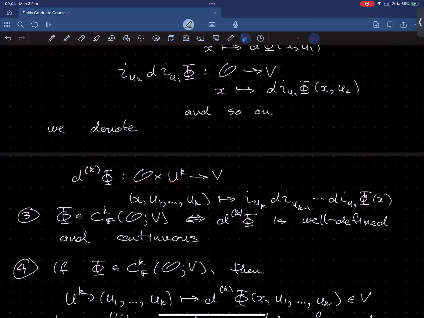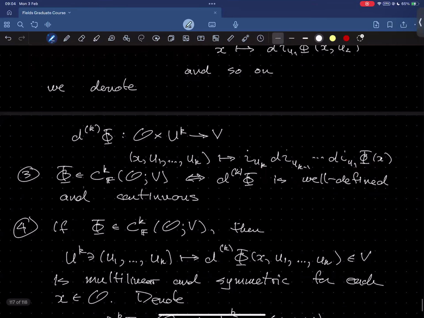So we have this process that we talked about above, and I've just iterated that k times. So you differentiate with respect to x in the u1 direction, then you freeze u1. Then you take the derivative with respect to x in the u2 direction, then you freeze u1 and u2. Then you take the derivative and so on. So that's the idea. It's a simple enough idea, but it just takes some notation to make it precise.